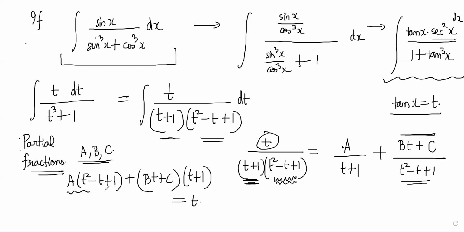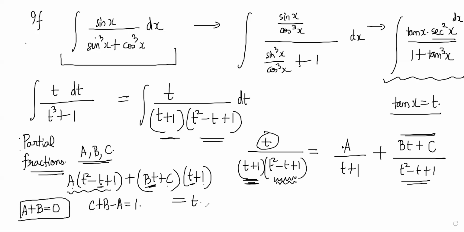So here see, the coefficient of t square: here it is A, and here bt times t gives bt square, so A plus B should vanish, right? Yeah. And also you have minus At from here and plus bt from here and plus ct. So you are getting c plus b minus a should be 1, right?